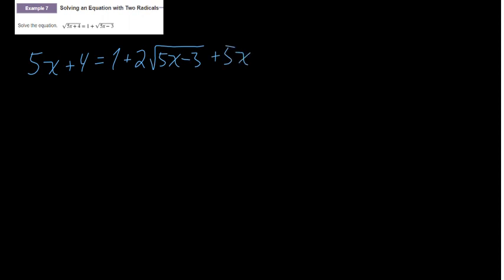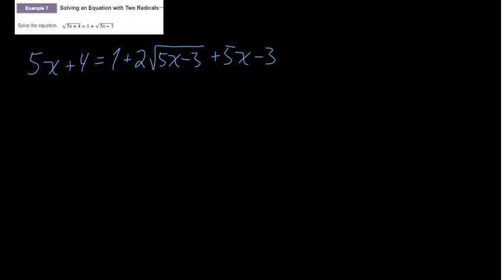So we're going to have 5x plus 4, and that's going to be equal to a squared, which is 1, plus 2ab, so it's going to be plus 2 times the square root of 5x minus 3, and then plus b squared, which is going to be 5x minus 3.